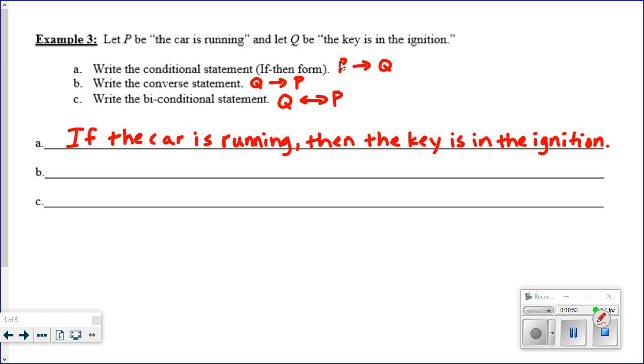So, Alina, what did you have for that one? Good. If the key is in the ignition, then the car is running.